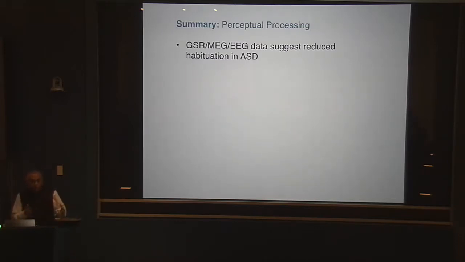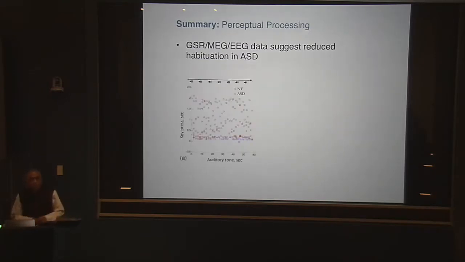Do we find a difference there between ASD and neurotypical subjects? And indeed, we do. So what you're seeing here is the latency between the beeps and the key press. This is a metronomic sequence where the beep is occurring once every 2 seconds.